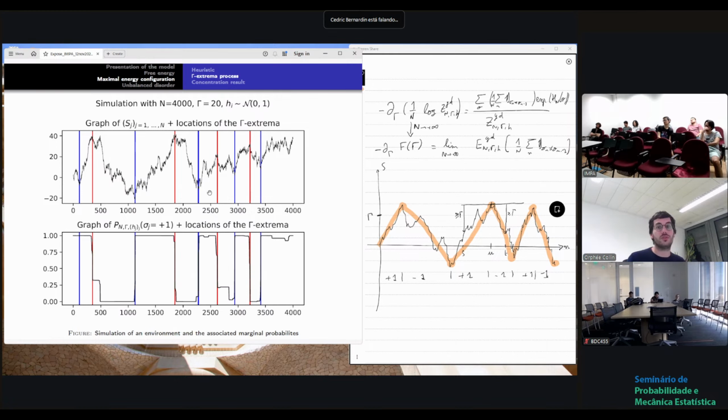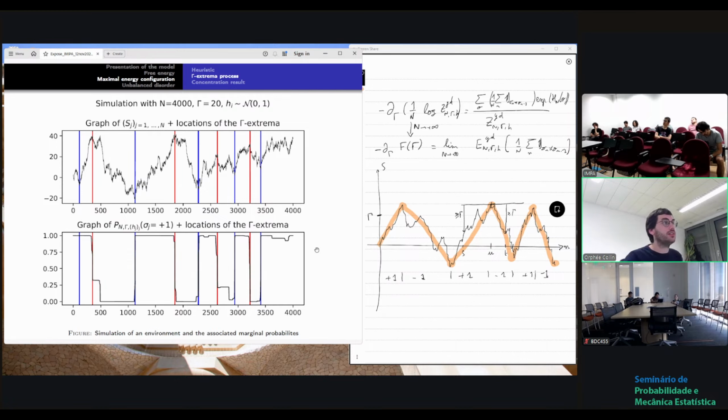And do you have some result which permits to say that in some sense this graph of sigma is converging to a jump Markov process between 0 and 1 in some kind of limit? So the level for the probabilities? Yes, it seems that at the end you have some kind of jump Markov process between 0 and 1.